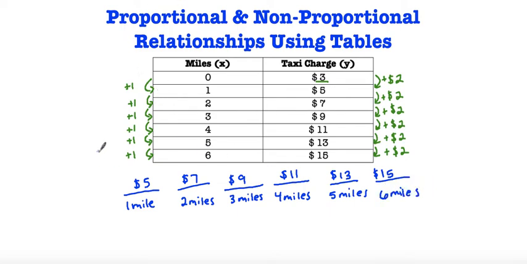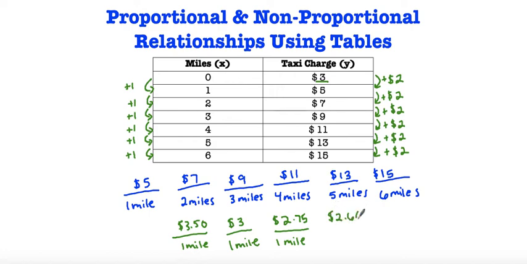Here we have our unit rate, $5 per mile, so we don't need to simplify that. $7 divided by 2 miles is $3.50 per mile. $9 divided by 3 miles is $3 per mile. $11 divided by 4 miles is $2.75 per mile. $13 divided by 5 miles ends up being $2.60 per mile.